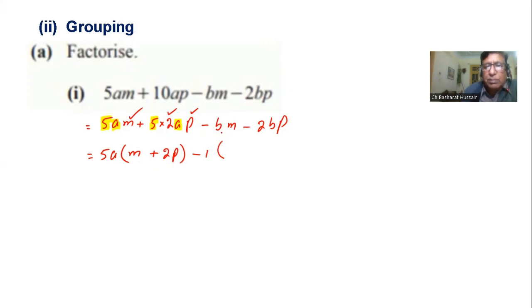When you take a minus number common, the sign must be changed. Oh, okay, there is a common factor, b. Sorry, there is a b which is common to both. B here and b here. Now we take it common, right?